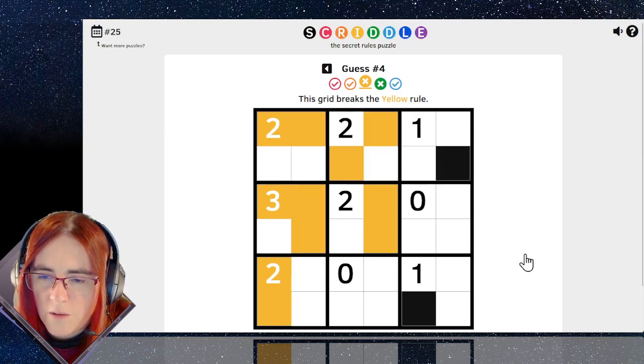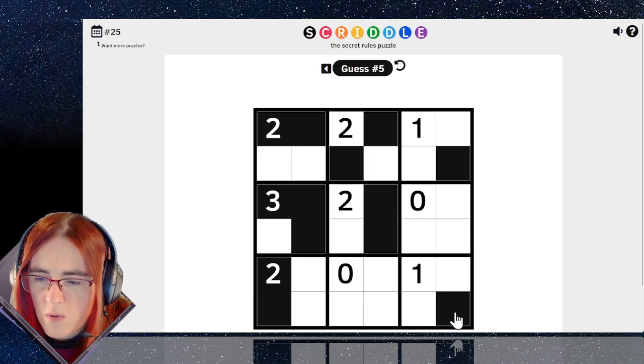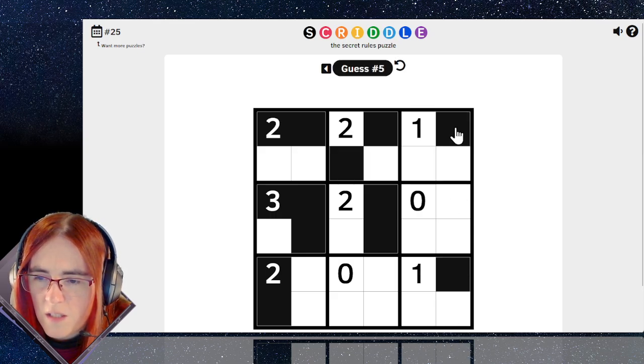Yeah, and we also failed the green rule. And what on earth is constraining these ones? Why does it matter where we put these cells?